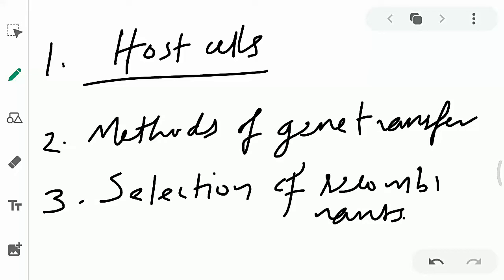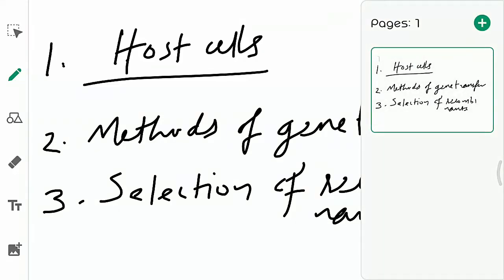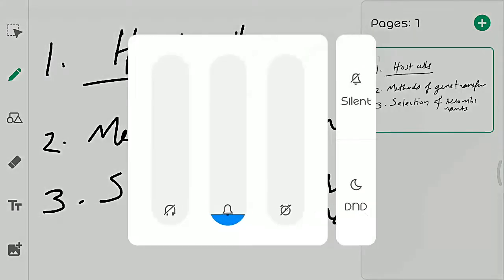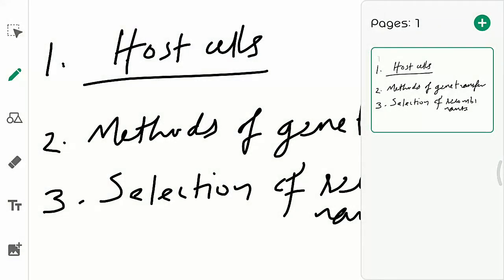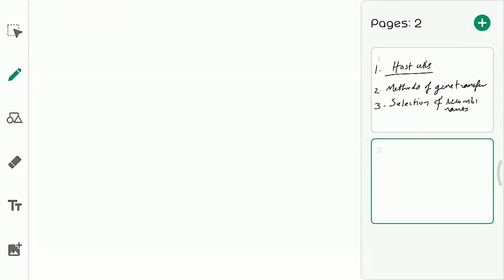Okay. So before going to the topic, we'll just recall our previous topics that we have discussed so far, such as the basic steps of RDT, and we also discussed the different tools used, like transfection enzymes, other enzymes, vectors.